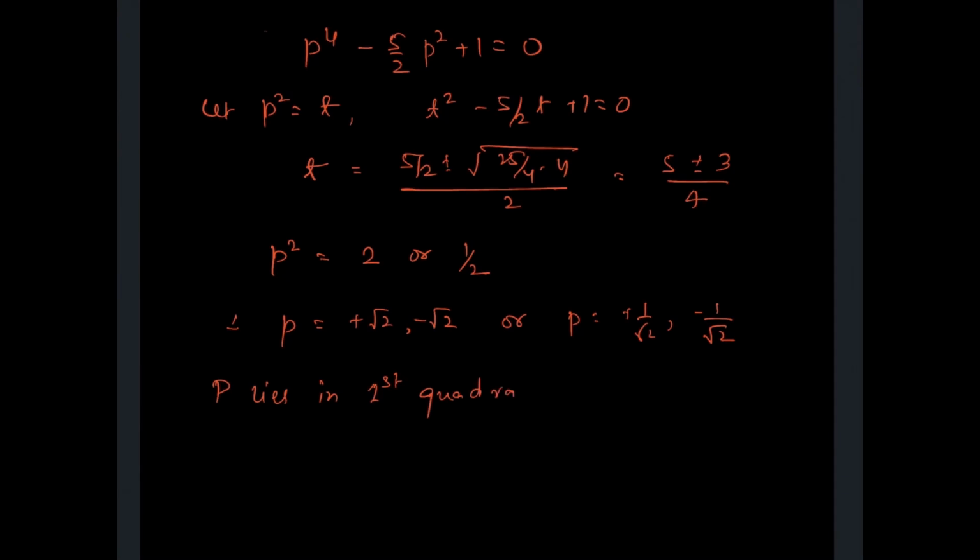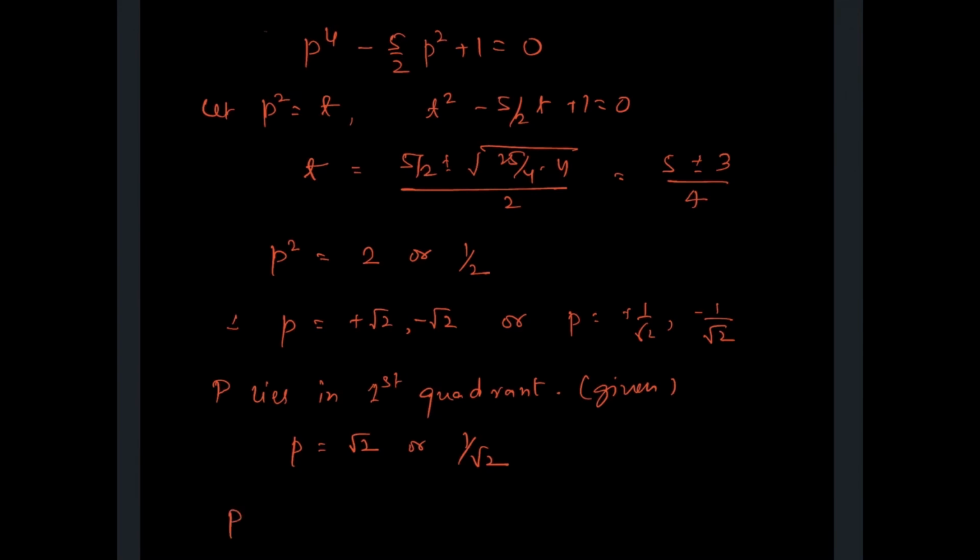Now P lies in the first quadrant, it is given. So p can be root 2 or 1 by root 2 because it should be positive.